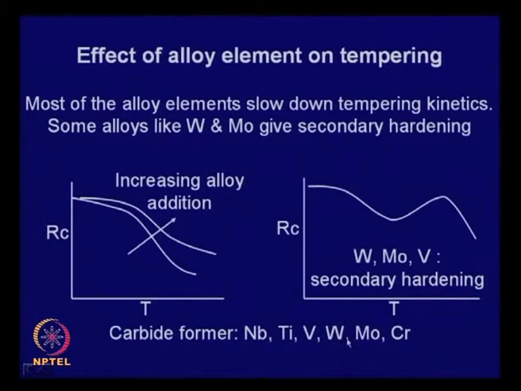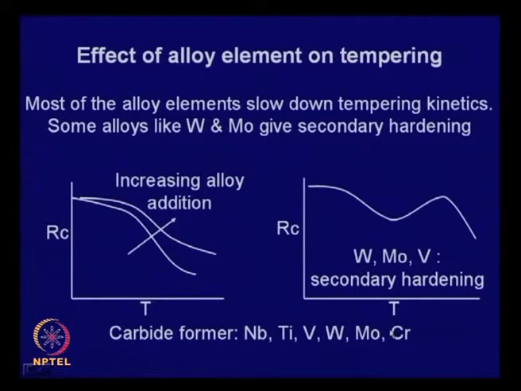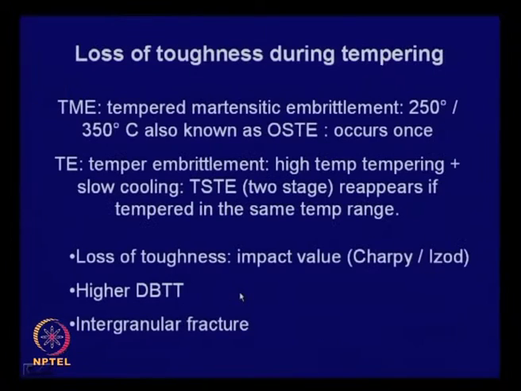Particularly the elements listed here, niobium, titanium, vanadium, tungsten, moly and chromium, will most likely be present in carbide, whereas nickel will likely be present in austenite or later on in ferrite.